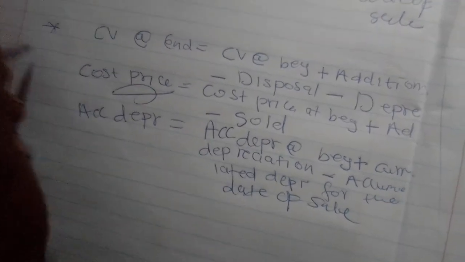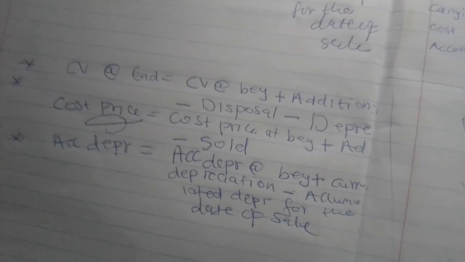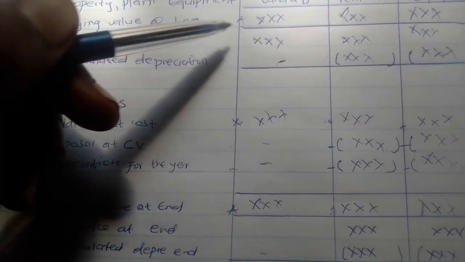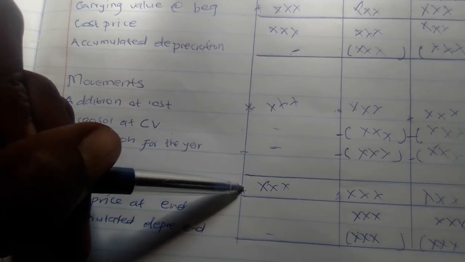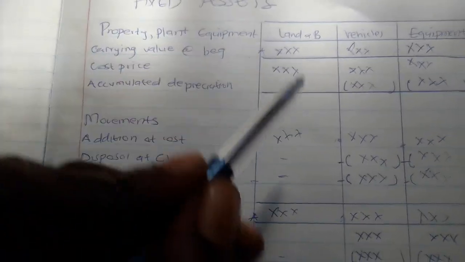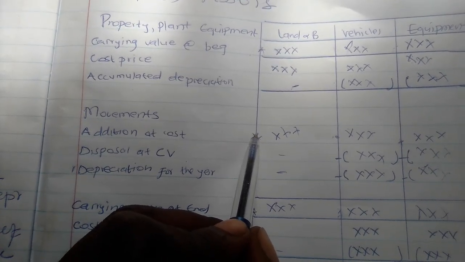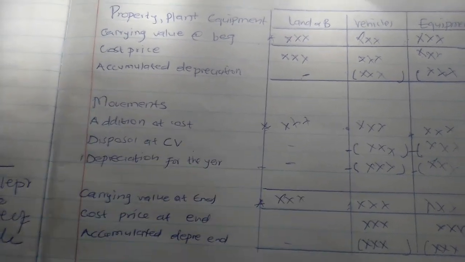These are very important. I said in order for you to get carrying value at the end, you're going to take carrying value at the beginning plus additions minus disposal minus depreciation. It is going to give us carrying value at the end. And to get the cost price at the end, you're going to take cost price at the beginning plus additions minus the cost price of the asset sold.